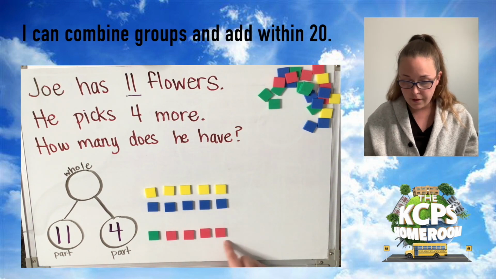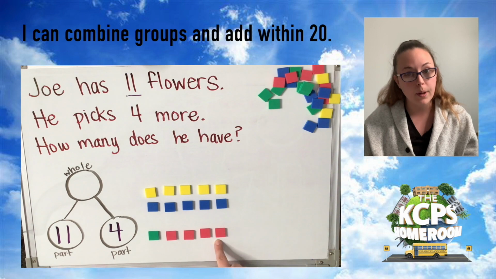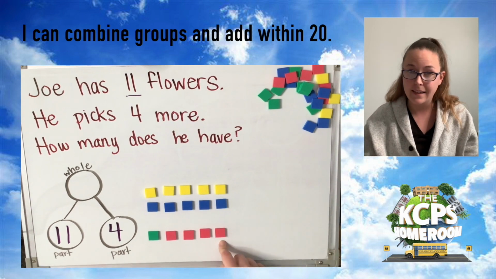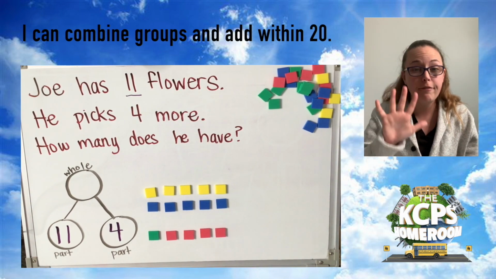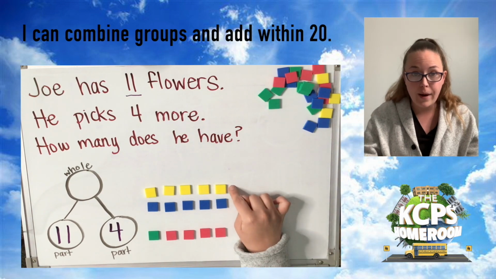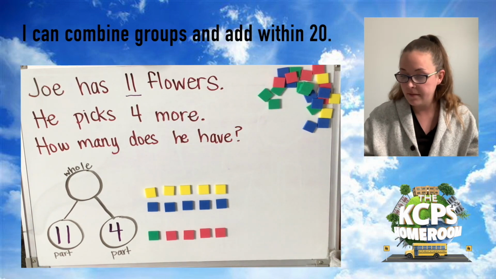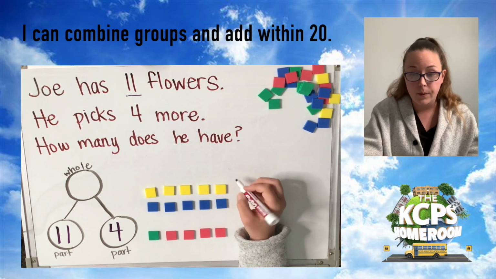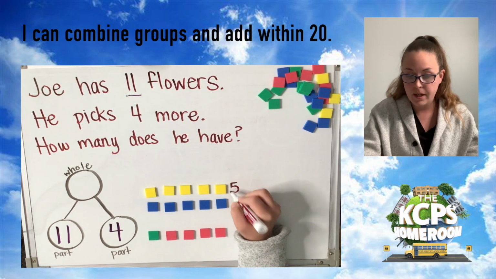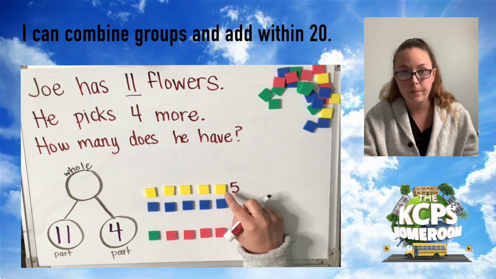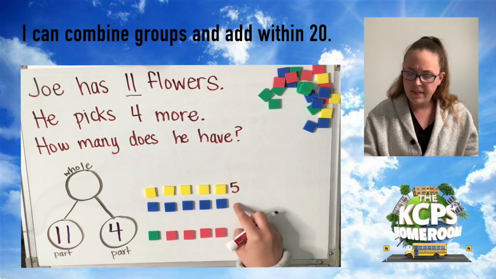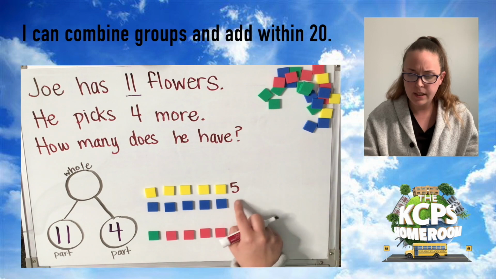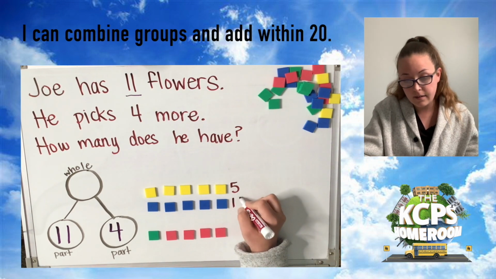Now this is another full row, and if you remember, full rows have how many? That's right, they have 5. So a full row has 5. Do you know how to count by 5s? Let's practice. So the first number we say is 5, because we know there are 5 in this row. 5, and then what comes after? 5 plus 5 is 10.